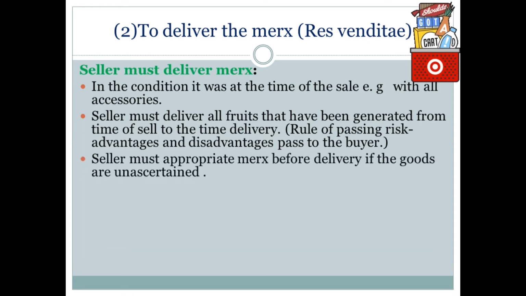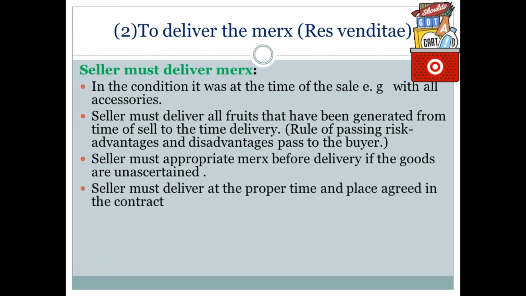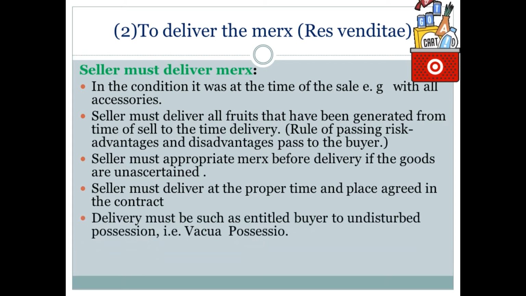Seller must also appropriate the merx before delivery, and the seller must deliver at the proper time and place agreed in the contract. And delivery must be in a way that the buyer is entitled to undisturbed possession of the merx.